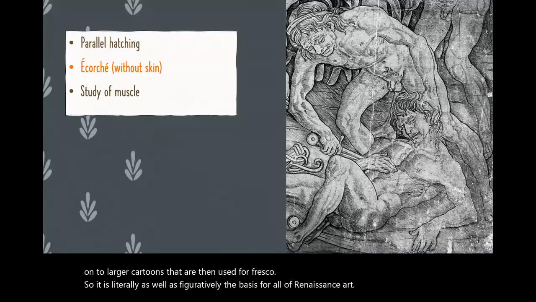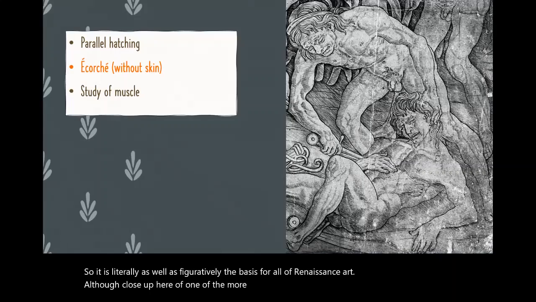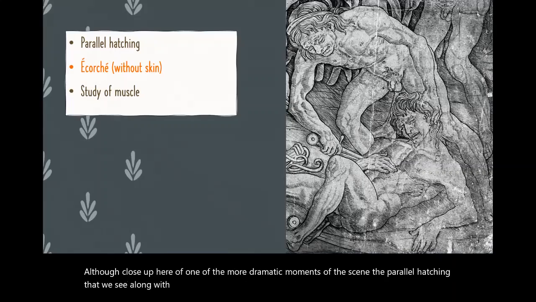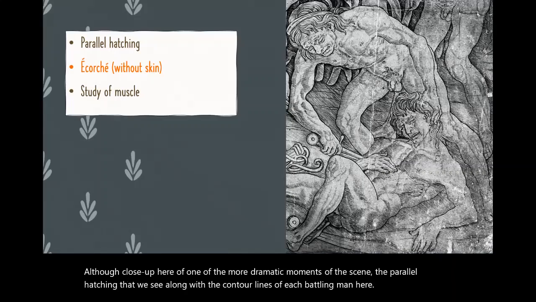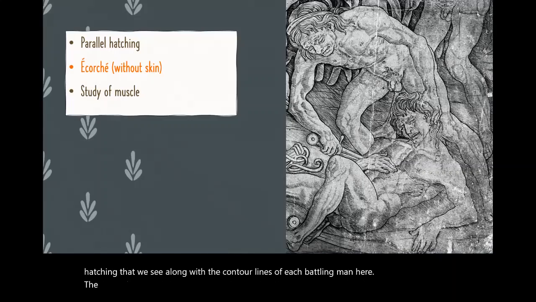A little close-up here of one of the more dramatic moments of the scene. The parallel hatching that we see, along with the contour lines of each battling man here, present the body as if without skin, or écorché. So this is a study of muscle, not how the drapery looks over the muscle.